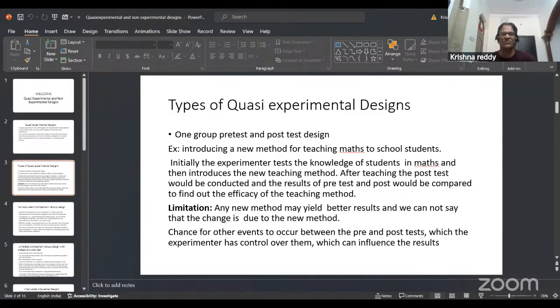Initially the experimenter tests the knowledge of students in maths and then introduces the new teaching method. After teaching is over, the post-test will be conducted, and the results of the pre-test and post-test will be compared to find out the efficacy of the teaching method.